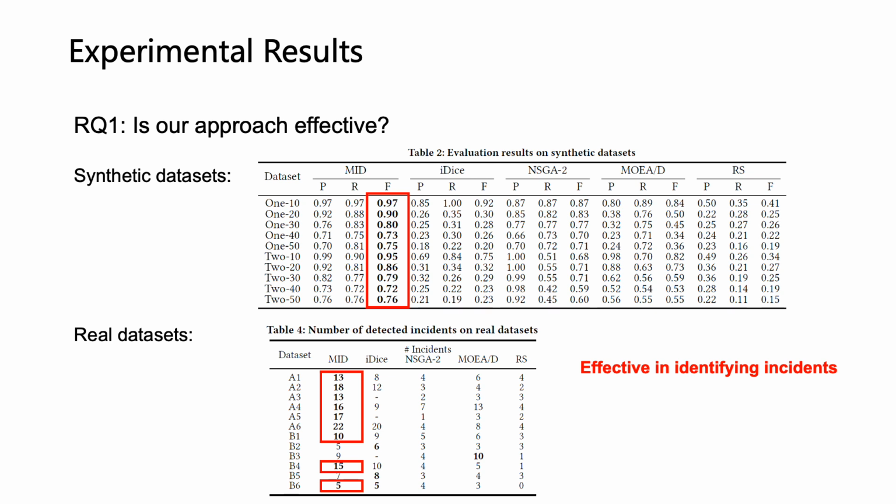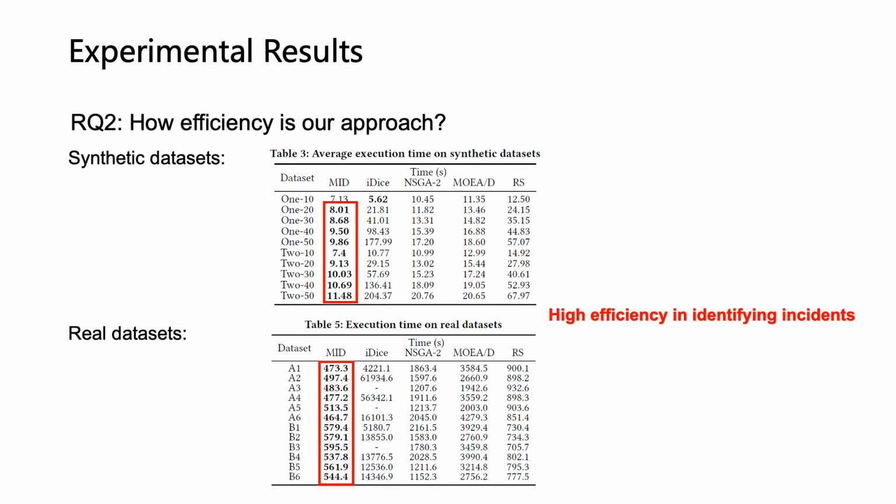So, we can conclude that our approach is effective in identifying incidents for both synthetic and real datasets. We also evaluate the execution time of different methods on synthetic datasets and real-world datasets. The results show that, except on the smallest synthetic dataset, our approach outperforms all other methods, which proves the high efficiency of our approach in identifying incidents.